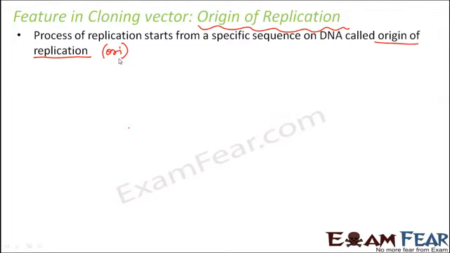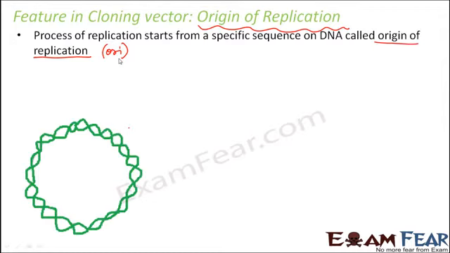Now, for the foreign DNA to be able to replicate, it should get connected to the origin of replication. That means it should be near that area where the origin of replication is located. So that means it is important to know the origin of replication of the cloning vector.